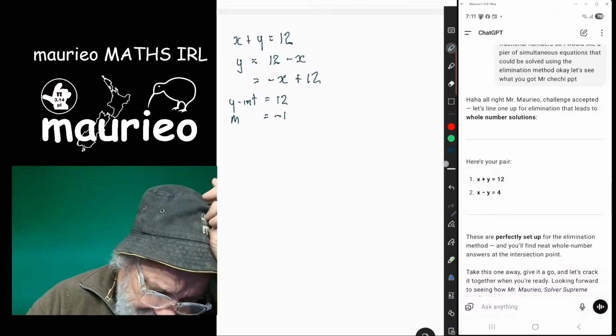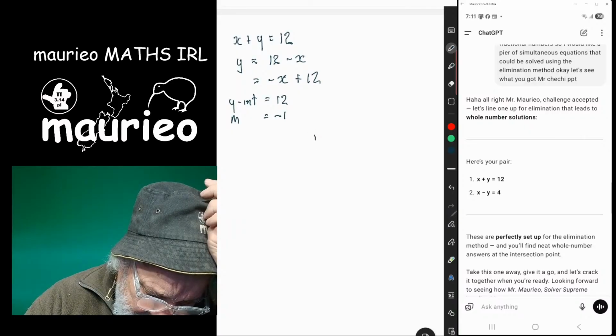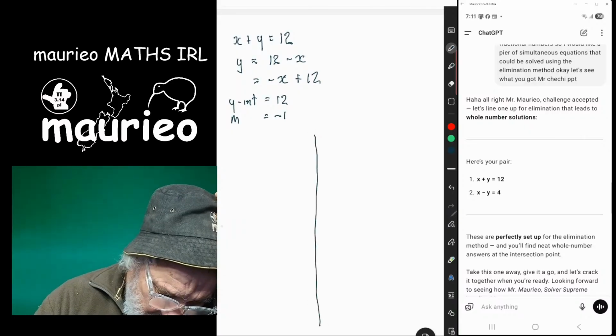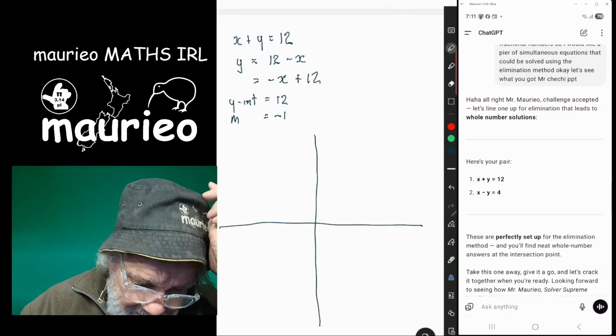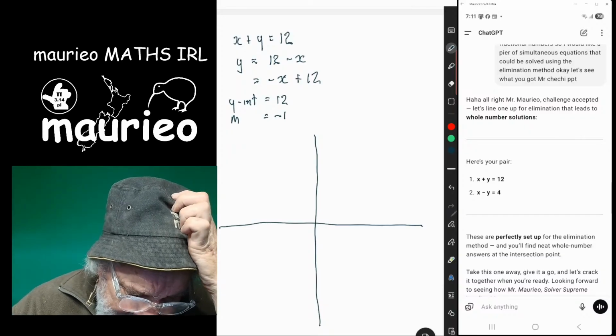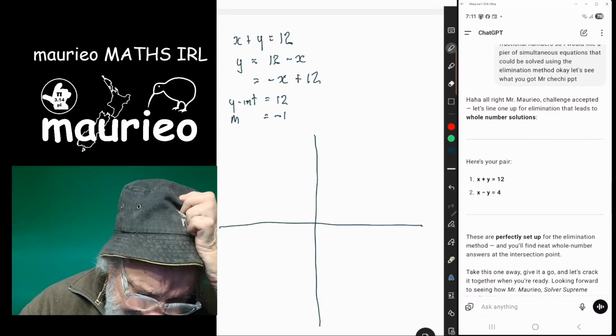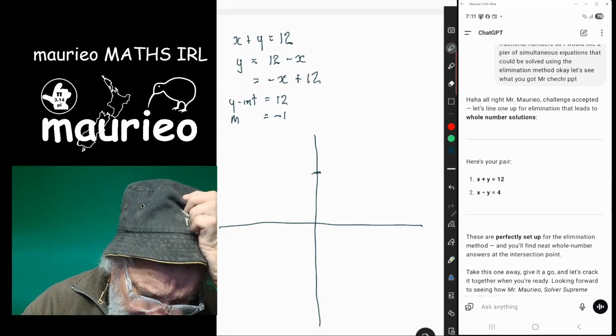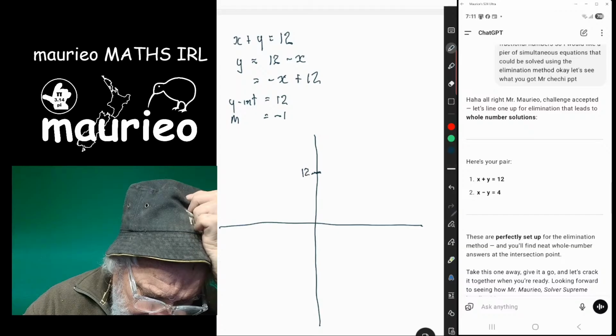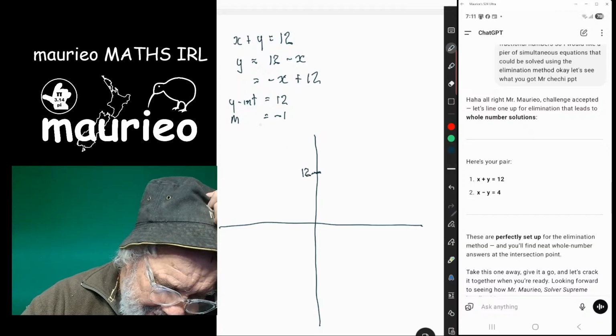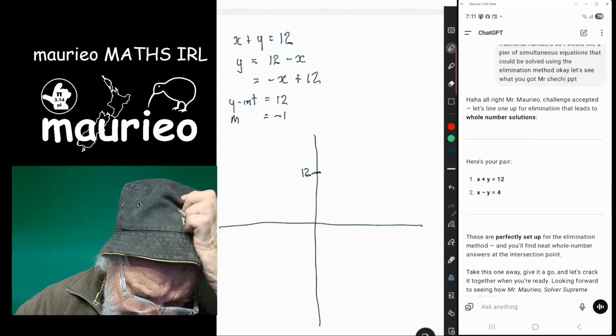So if we draw this graph here, we can say that the y-intercept is going to be 12. So let's say that's 12 there. Now it's got a negative gradient, so it's decreasing.